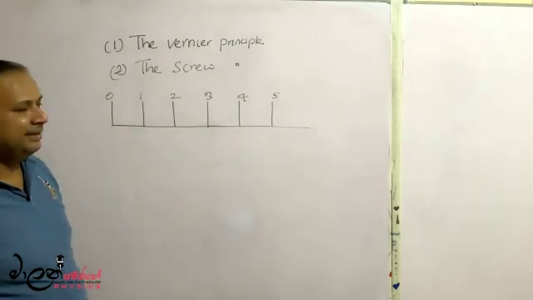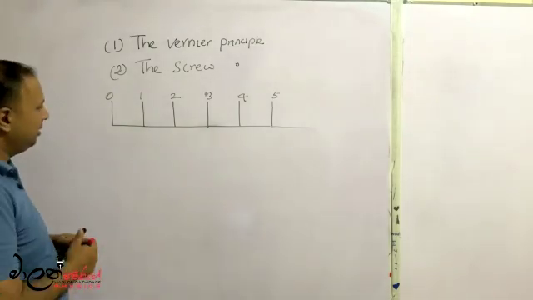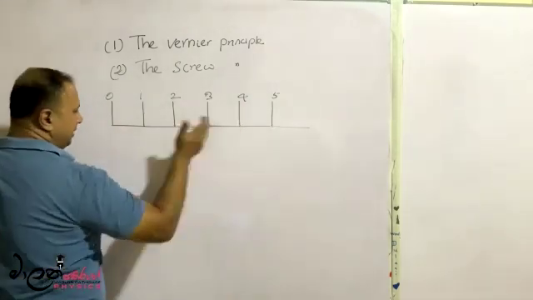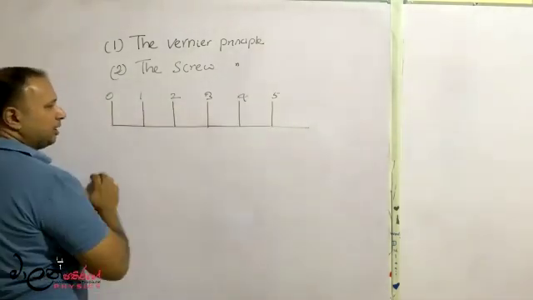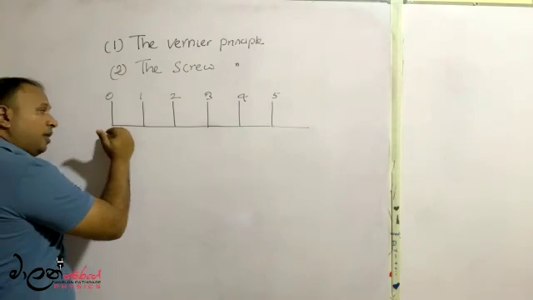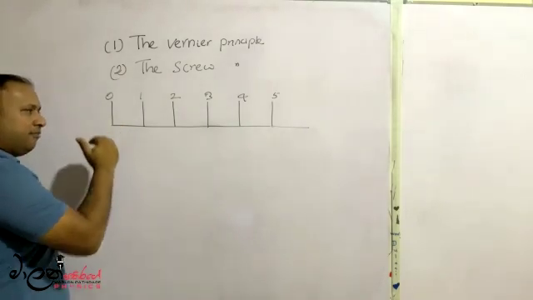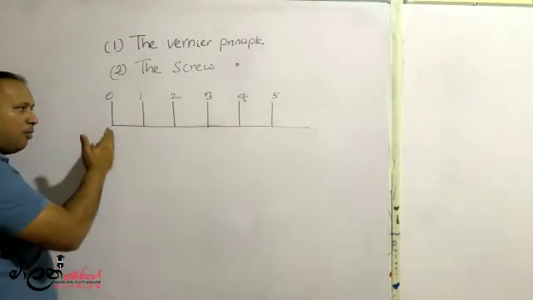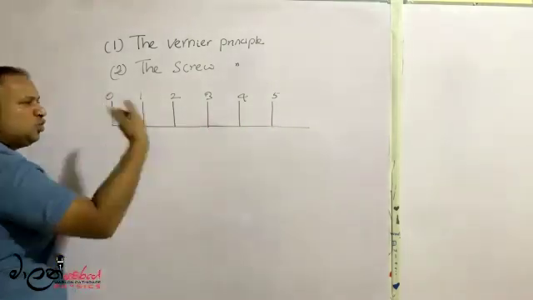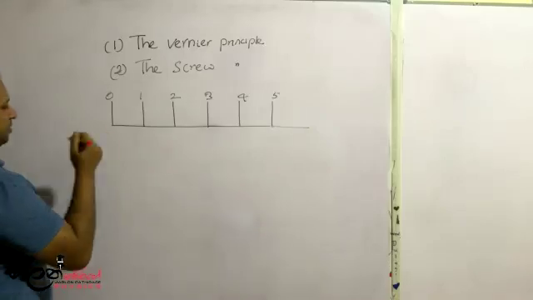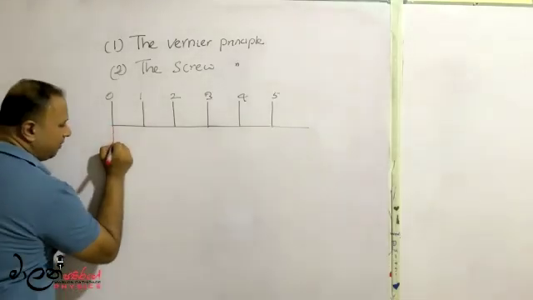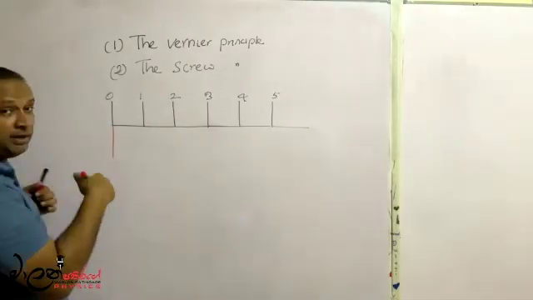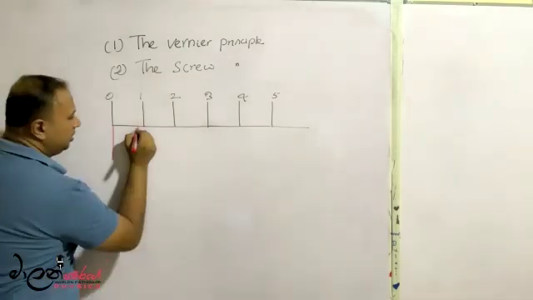As an example, we can divide this length. Now there are 5 divisions. Now we can make another scale by dividing this length into 6. Look at this one. Now I am creating another scale by dividing this length into 6.